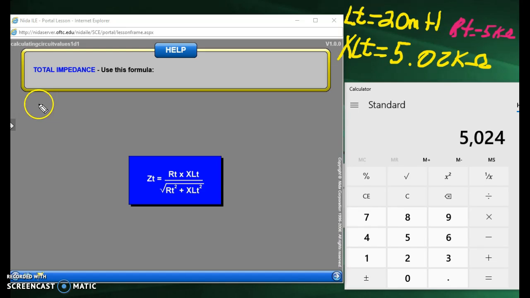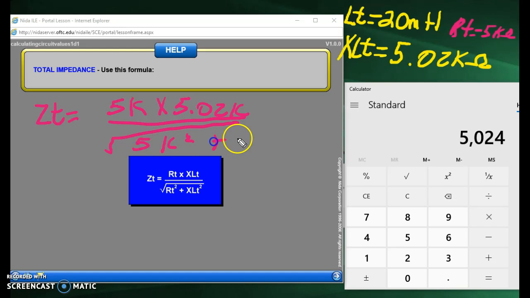So we're going to write ZT equals RT, which is 5K, times 5.02K, over the square root of 5K squared plus the 5.02K squared. And I know that's really busy, and my writing is really terrible, but again, it's the best we can do.